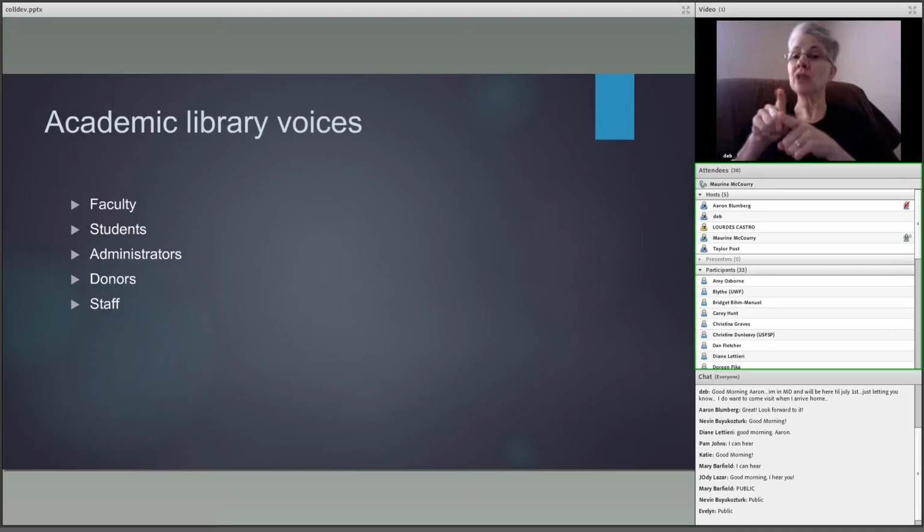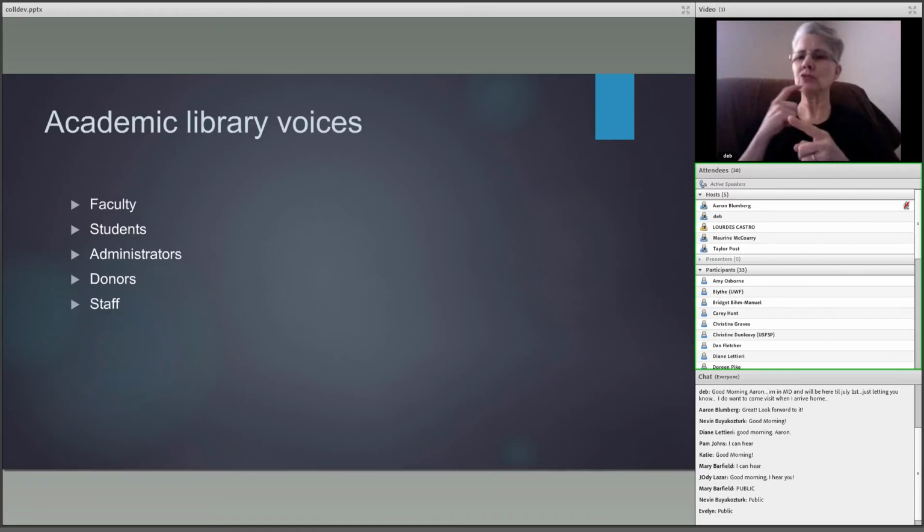Administrators have their own thoughts of what a library collection should be. Part of the process of collection development includes discussing with administrators what they think the collection needs to be, but also sharing with them your vision of the collection too, partly for budgetary purposes, but also to make sure that you're meeting the needs of the institution. Donors are always voices that have to be acknowledged and listened to.